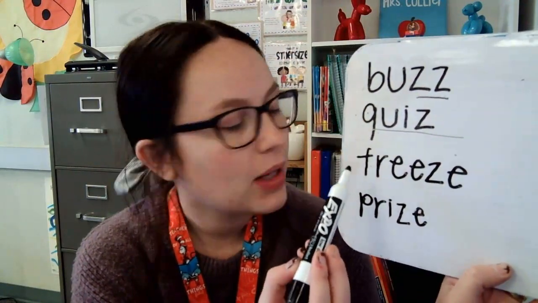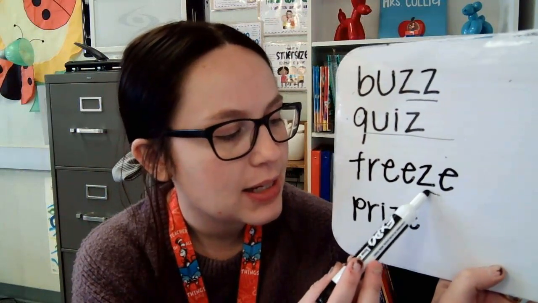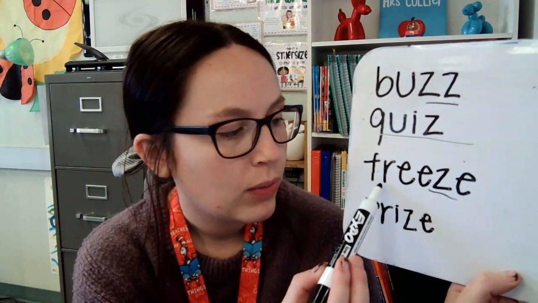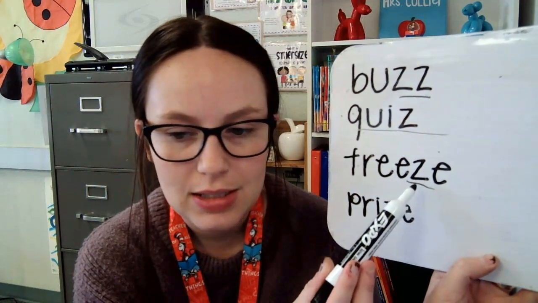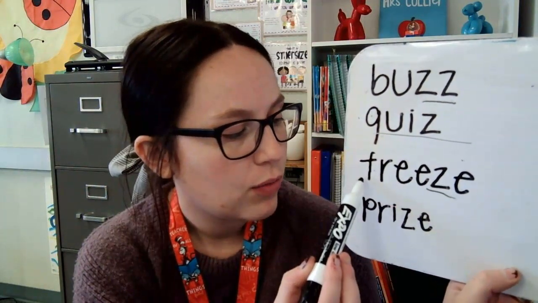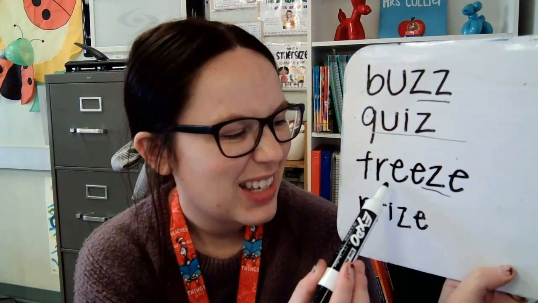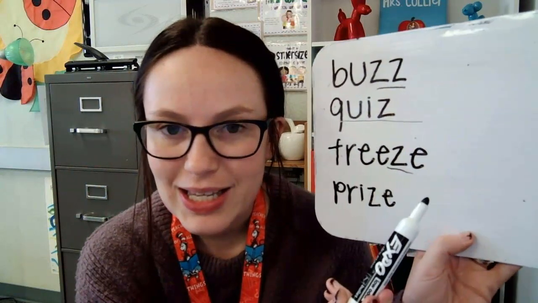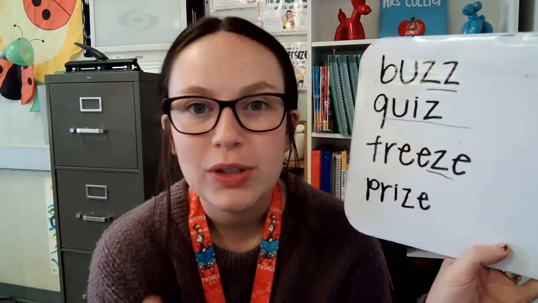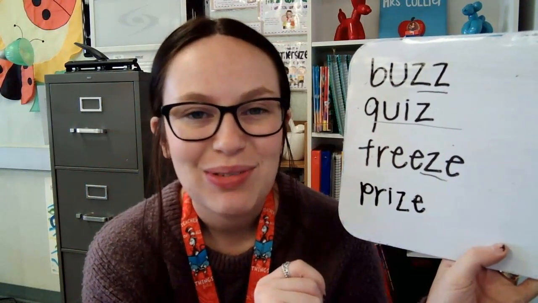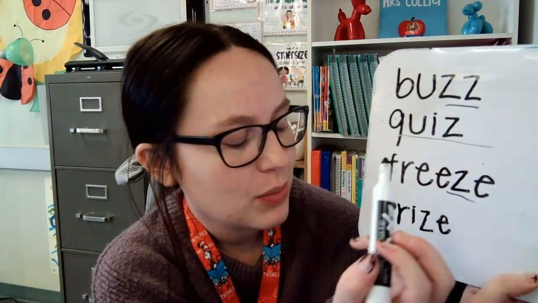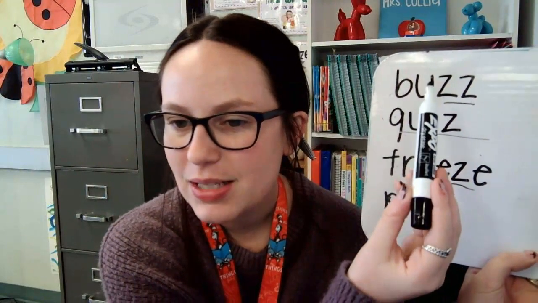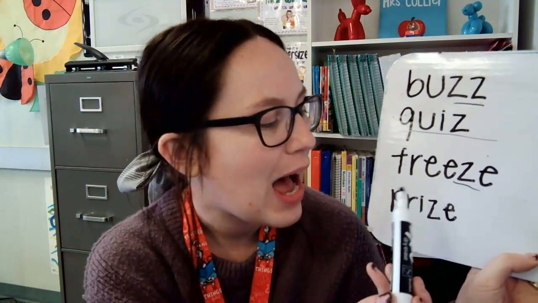Our next word that also has a Z in it, we have freeze. Freeze. Put it all together. Freeze. Like I'm going to freeze something in the freezer. So this word is freeze. All of these words have the Z sound.